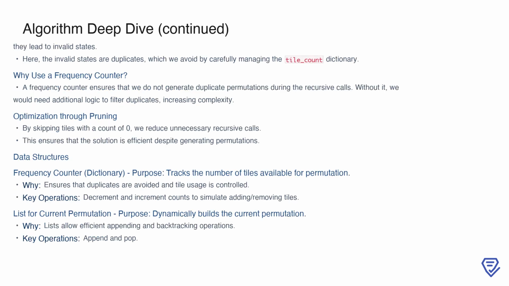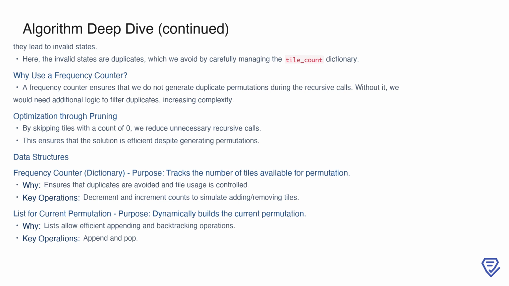Backtracking is particularly well suited for this problem because it allows us to build solutions incrementally. Whenever a choice leads to an invalid state, such as a duplicate permutation, we can undo it and try a different approach. In this context, invalid states are avoided by carefully managing the frequency counter, which ensures that duplicate tiles are not overused.